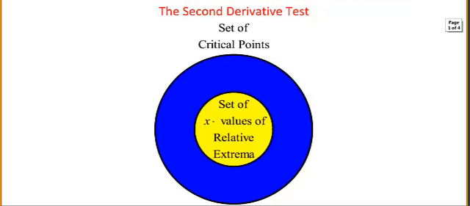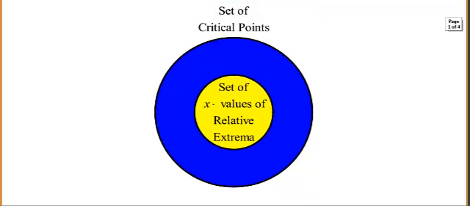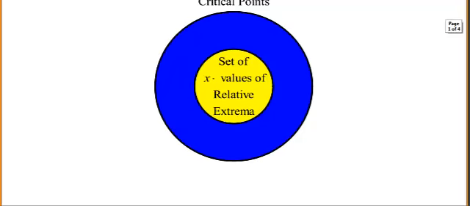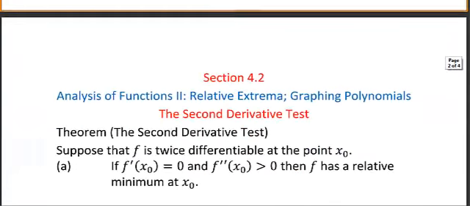So once we find the critical values, we have to sort through them and decide whether or not they are actually located at a relative maximum or relative minimum. One means of doing that is what we call the second derivative test. Okay, so let's talk about that.